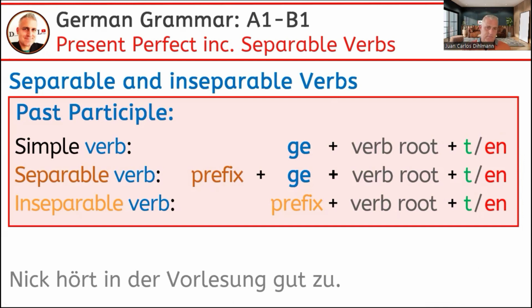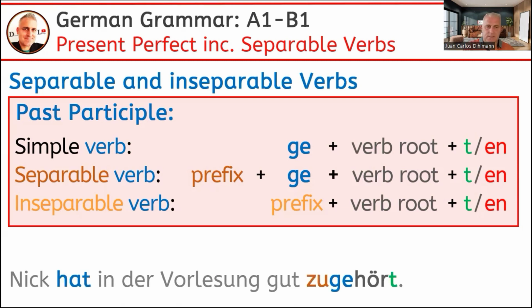Next example. Nick hört in der Vorlesung gut zu. Obviously, it's a separable verb because we have the zu at the end of the sentence. Nick hat in der Vorlesung gut zugehört. Now we see the typical pattern for separable verbs.